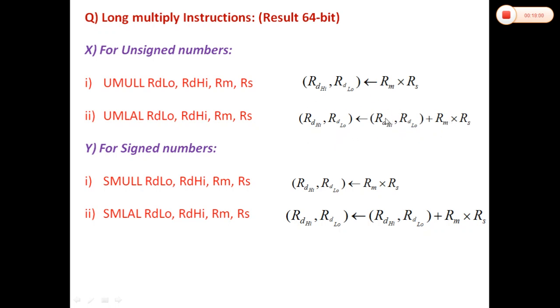So this is multiply and accumulate type of instruction for unsigned numbers, and the result can be up to 64-bit. Similar instructions are available for signed numbers. These are identical with this, except these instructions consider the source operands as signed numbers. Therefore, they take care of the sign of the result.